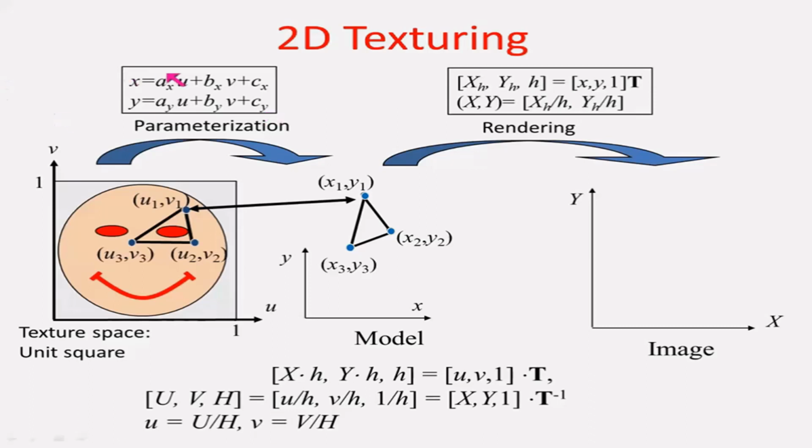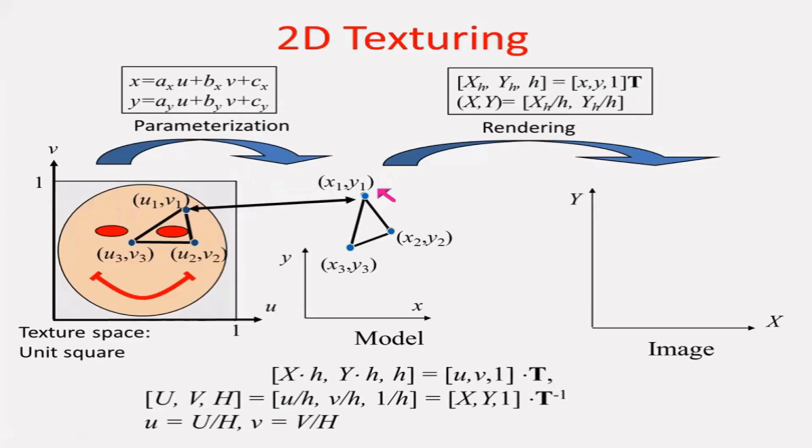The number of unknowns a, b, c with subscript x and y is 6, and so are the number of constraints since a triangle has 3 vertices and the requirement 2 points are identical means 2 equations, one for x and one for the y coordinate.